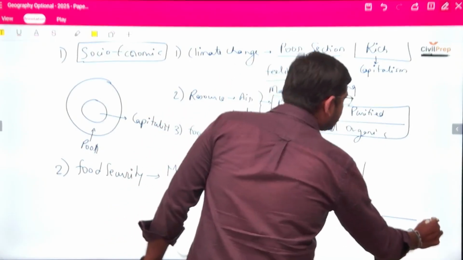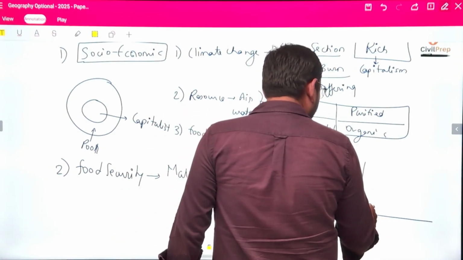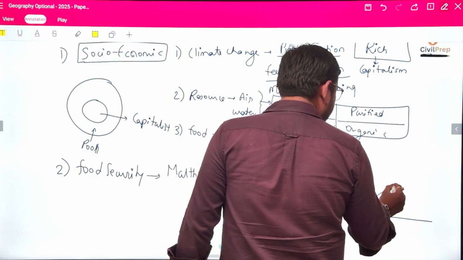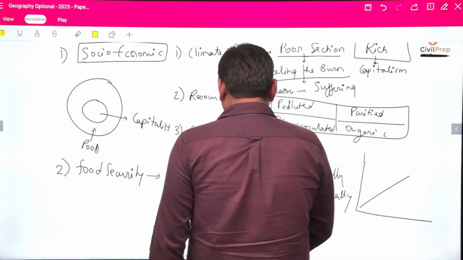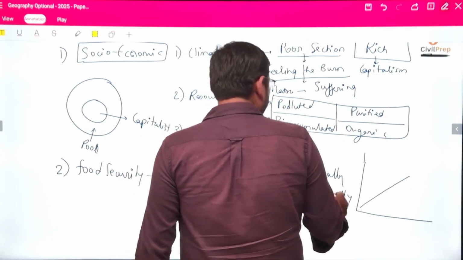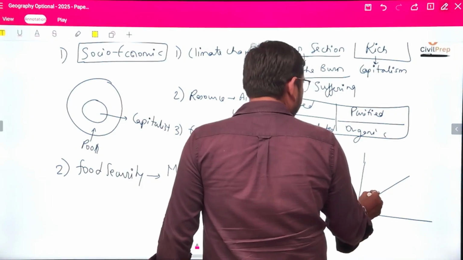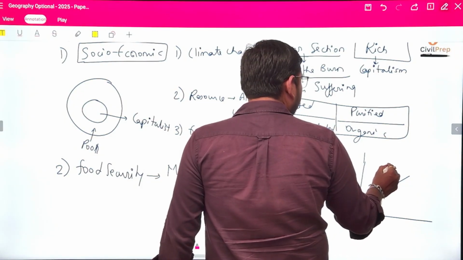In this way, with the rising of resources, there will be a sharp increase in the population of human beings.